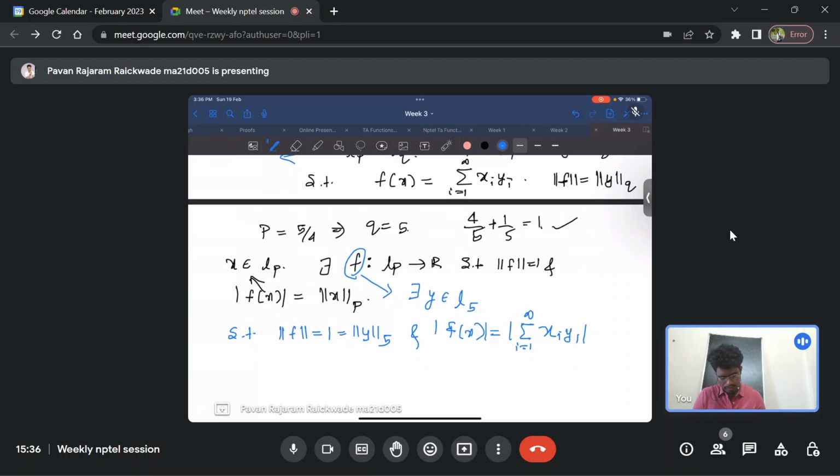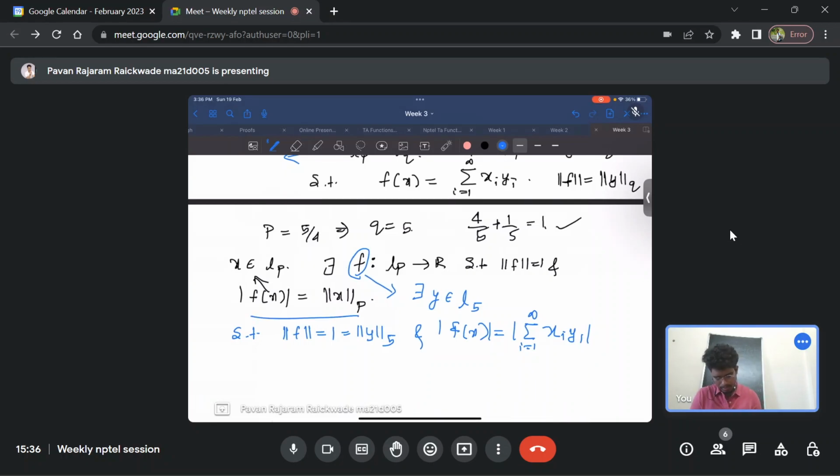But we know the modulus of f(x) is the norm of x in 5/4, which equals the modulus of the summation of xi yi.